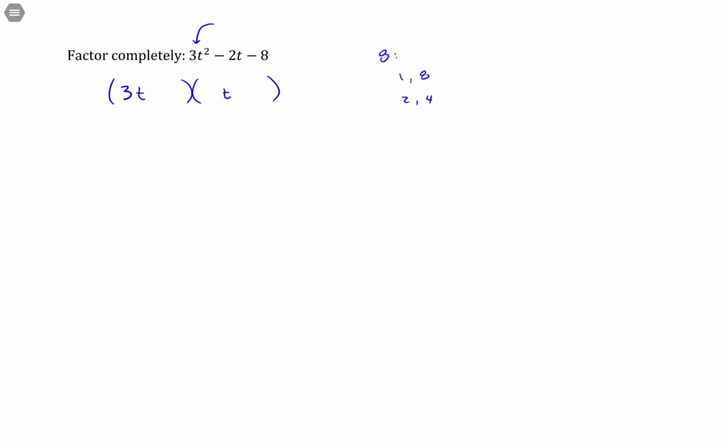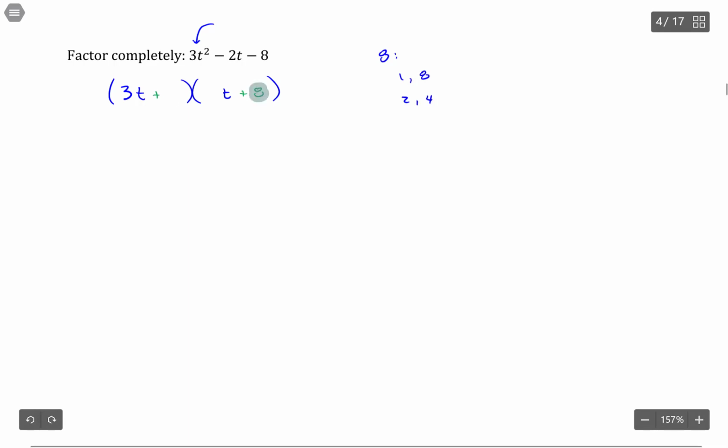We don't have to go any further. These are our only possibilities. So that means I could have a few different possibilities. I could have 3t plus 1, t plus 8, or the 8 and the 1 could be reversed, or I could have 2 and 4, or I could have 4 and 2.